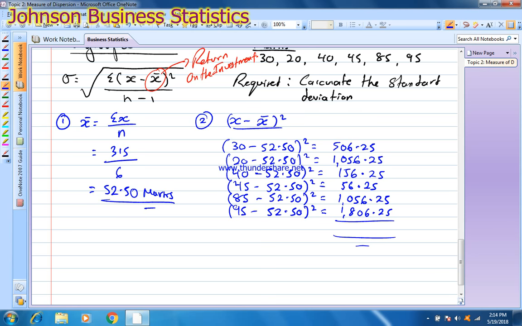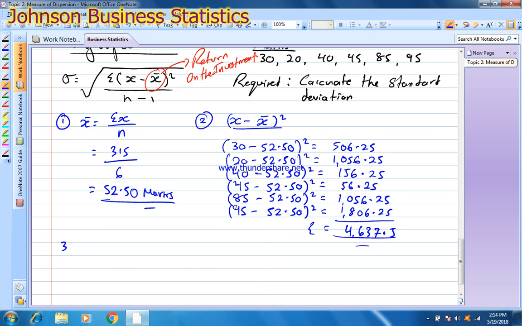Then you total up, so how much you get. So you should get 4637.5.